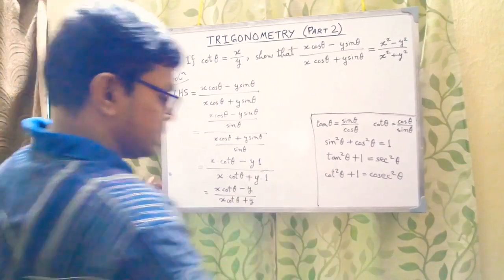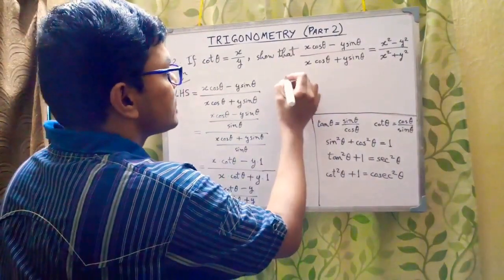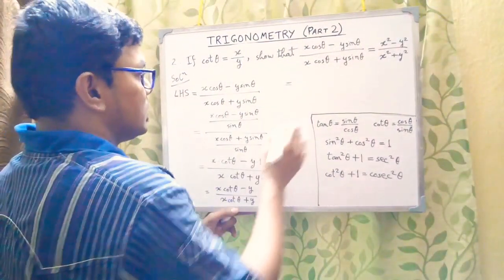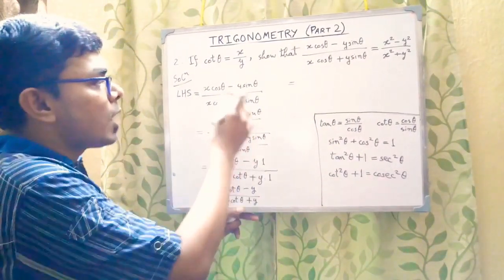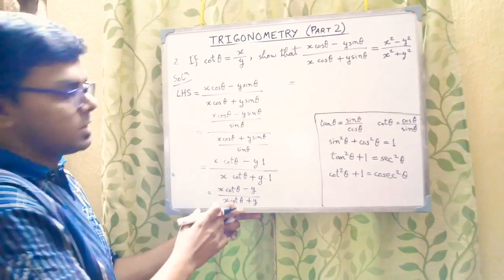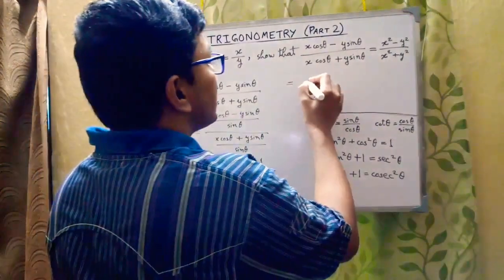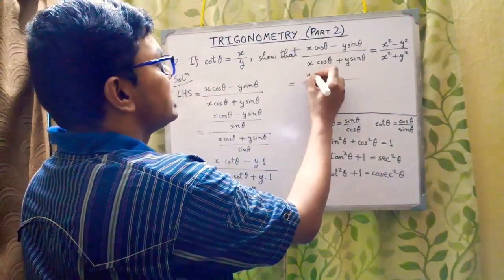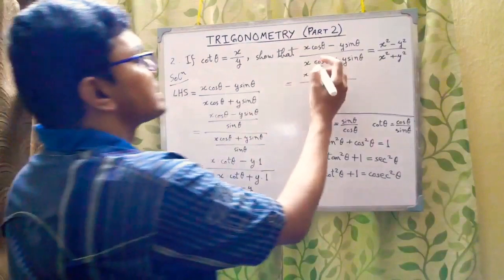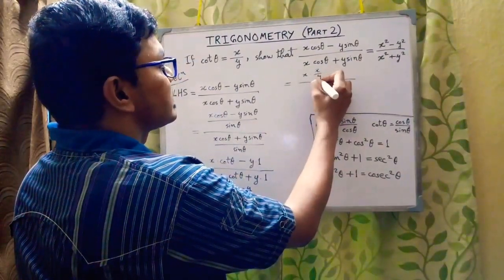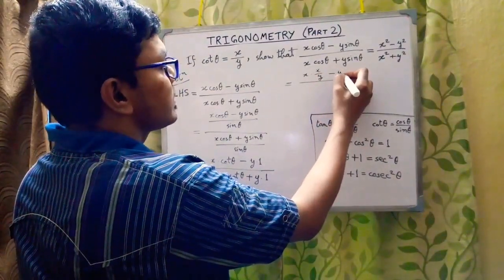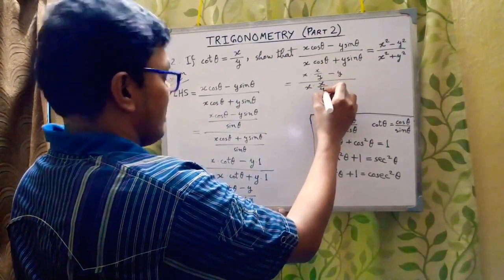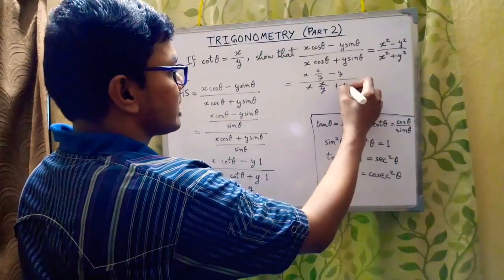Now let's do it here. I'm continuing from here to here. So as I told you in the beginning of the sum, somehow we have to bring cot theta. See, we have brought cot theta. Now it becomes easy. Now, x into, cot theta is x by y, minus y by x into x by y plus y.